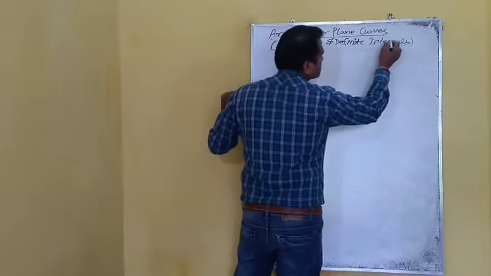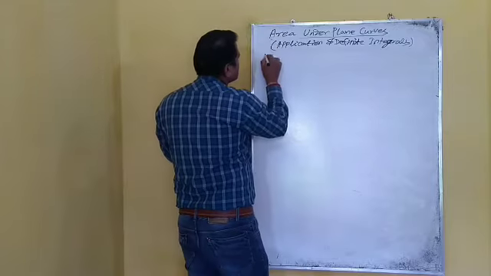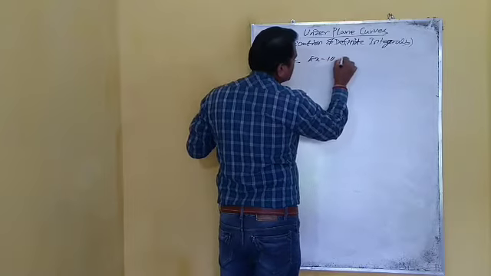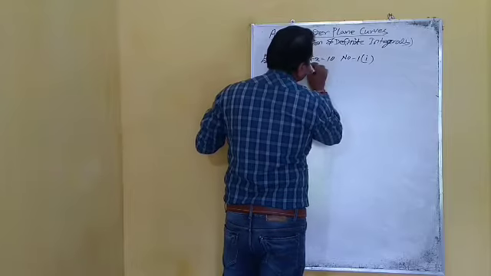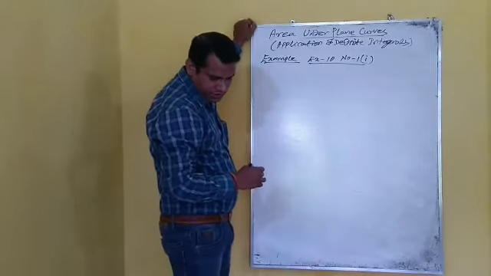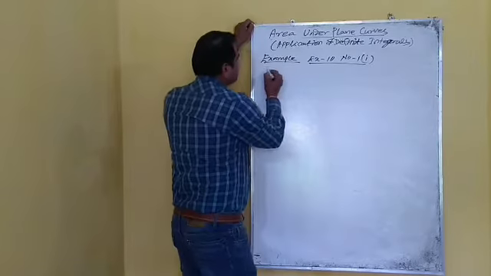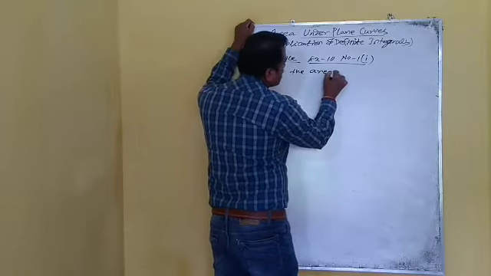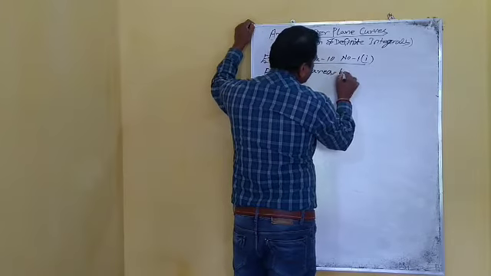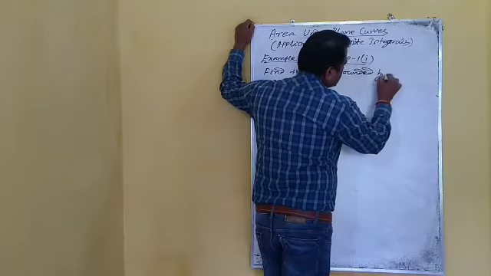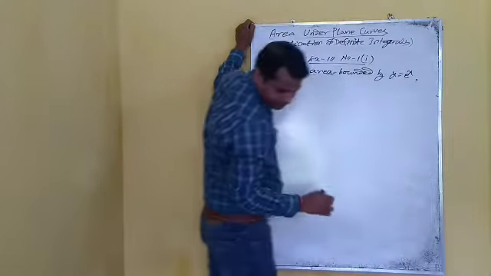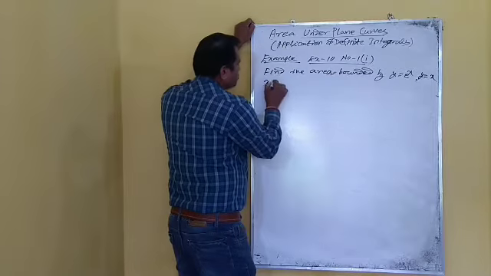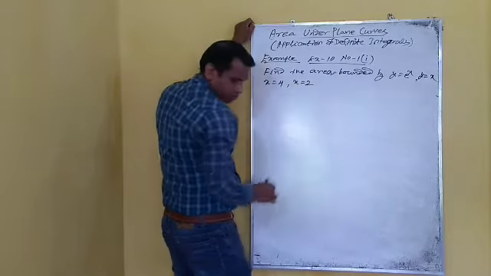From exercise 10, number 1(i). Find the area bounded by the curve y is equal to e to the power x, y is equal to 0, that is the x axis, and x is equal to 2 and x is equal to 4.